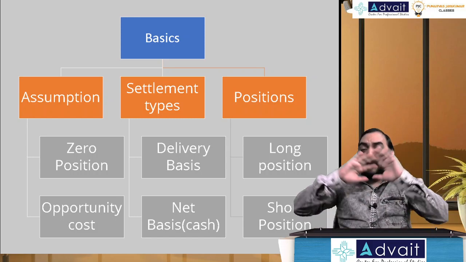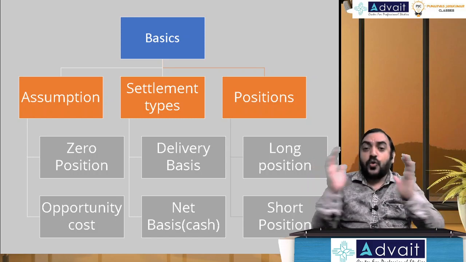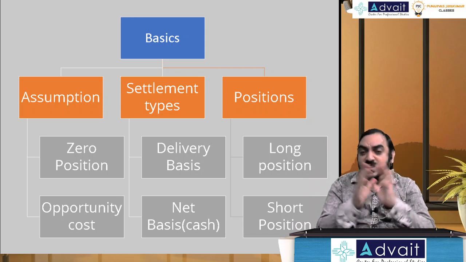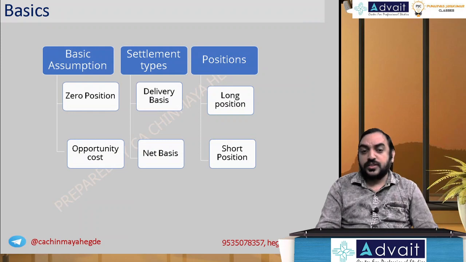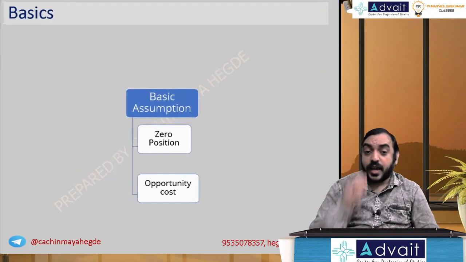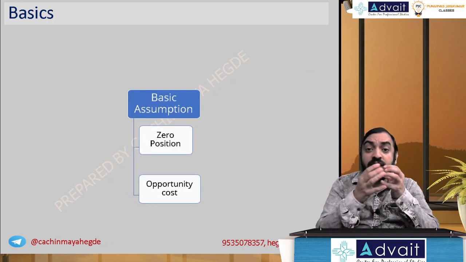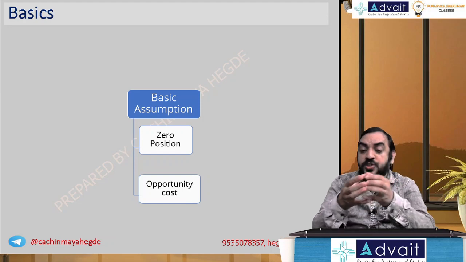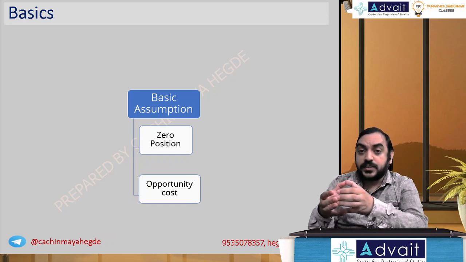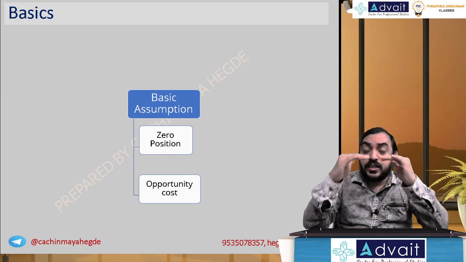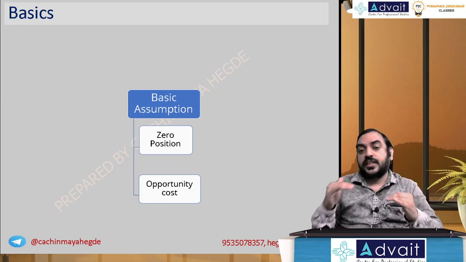Okay, so keeping it all aside, what point I'm trying to tell here is this. When I say zero position, it means we are valuing futures, options, derivatives, keeping the source constant.